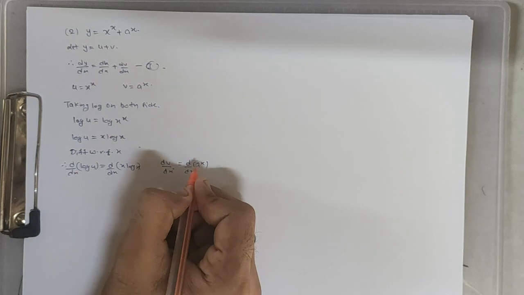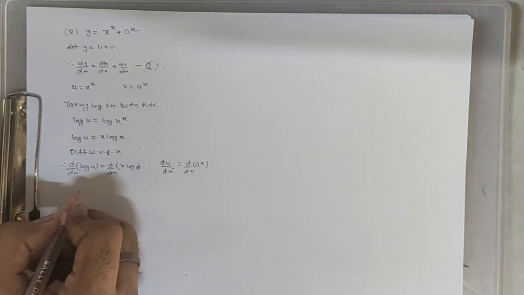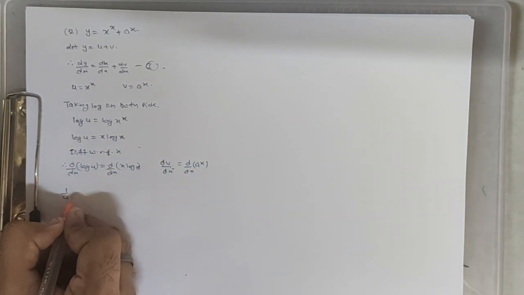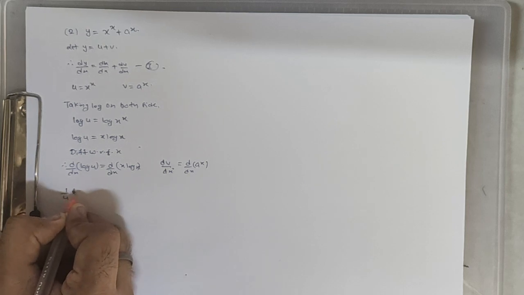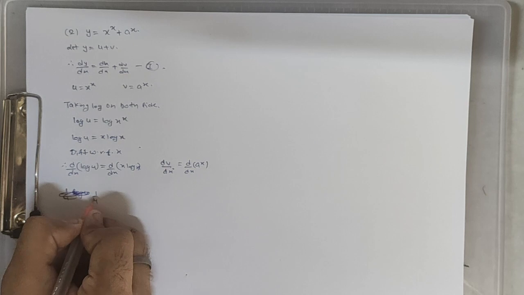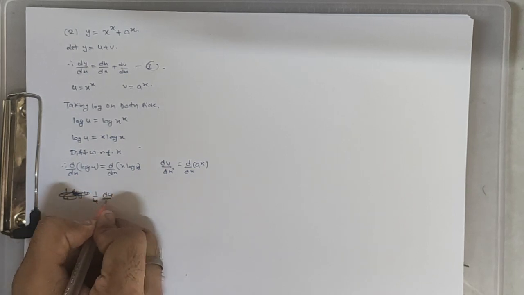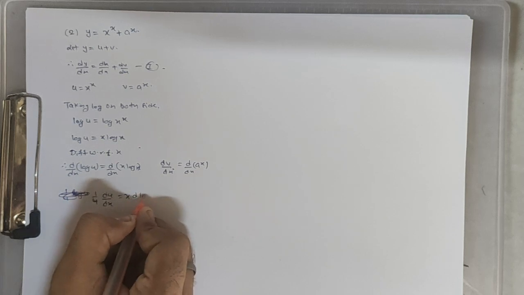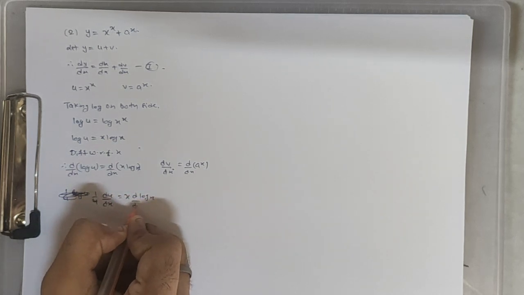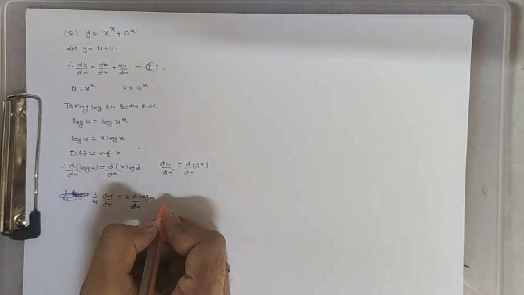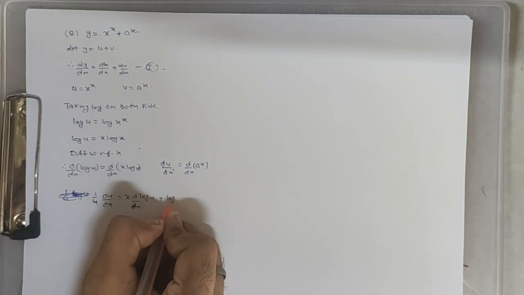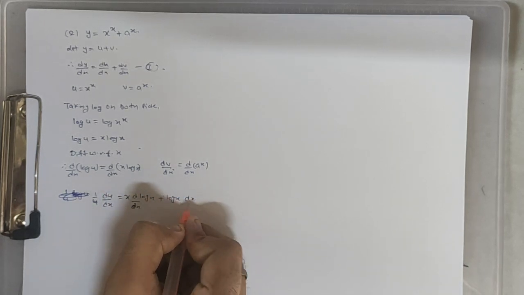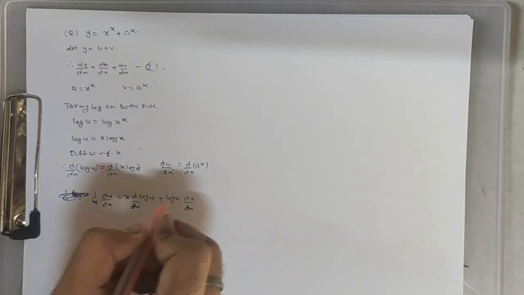will be the differentiation of a raised to x. As you all know the uv rule, so this will be 1 upon u, differentiation of u with respect to x is x into differentiation of log x with respect to x plus log x into differentiation of x with respect to x.